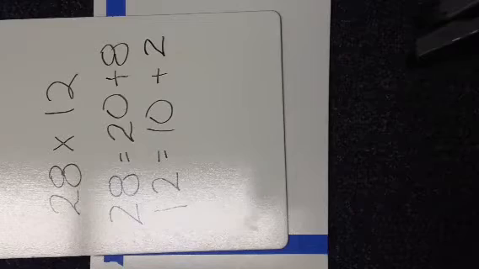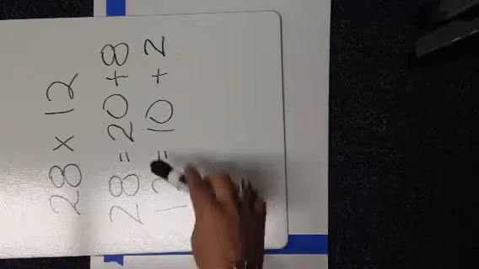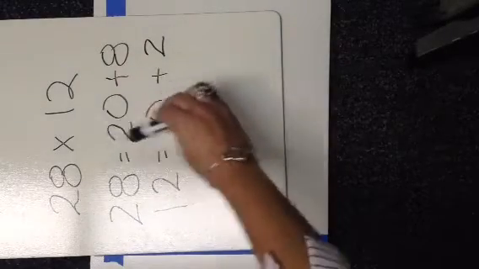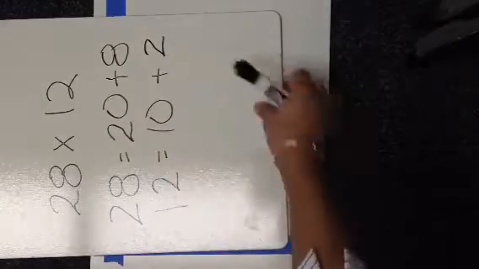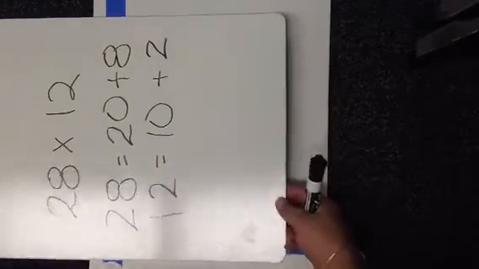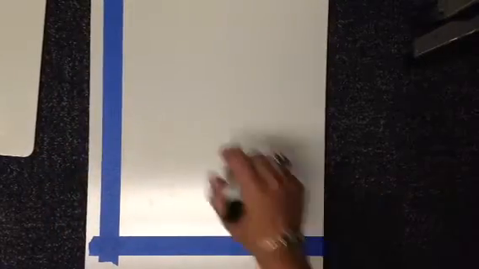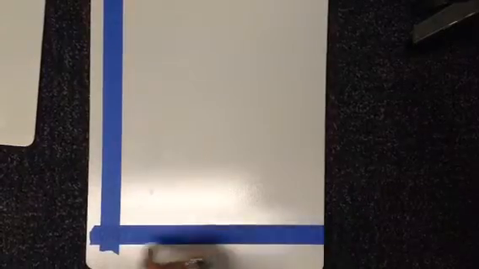Knowing this, we're going to use this expanded notation to help us set up our base 10 blocks for the concrete model. I'm going to use this grid that I've simply taped out on a dry erase board to act as the frame for the concrete model.